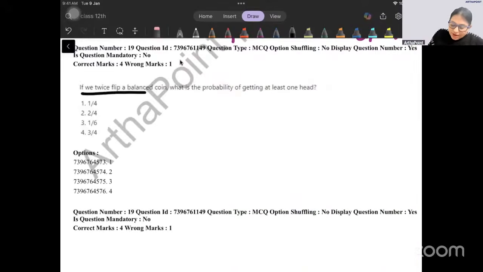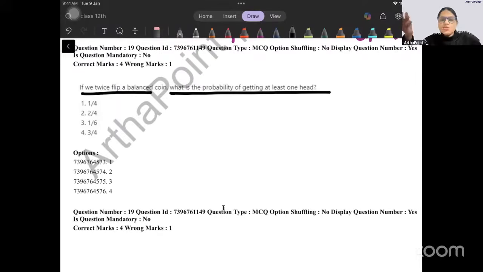If we twice flip a balanced coin, what is the probability of getting at least one head? A very simple question. At least one head, माने one head भी हो सकता है या two heads भी हो सकते हैं.